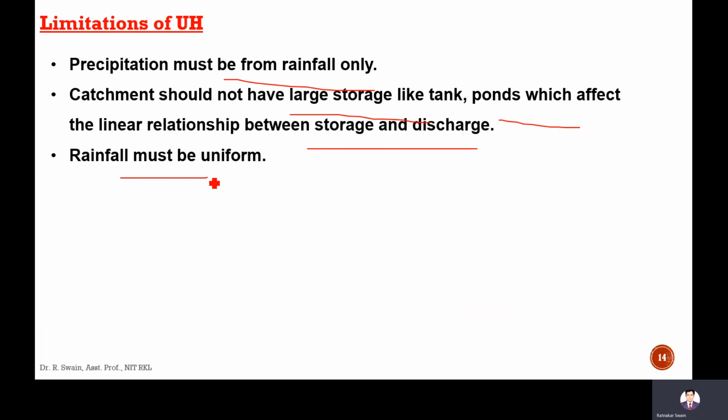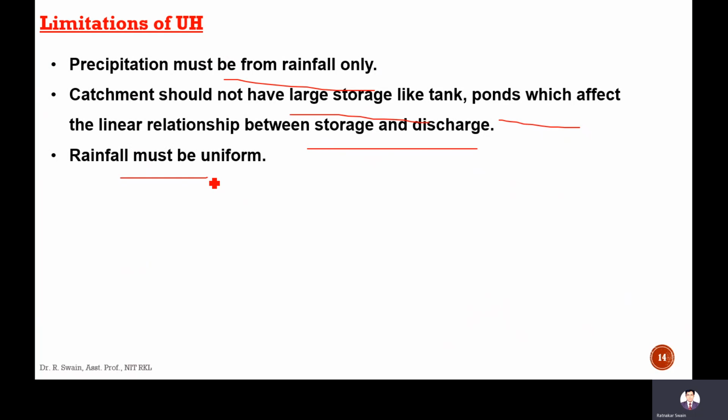The rainfall must be uniform. The rainfall should be uniform throughout the basin, because we are considering the whole basin up to this gauging station. So if rainfall is not uniform, then the unit hydrograph cannot be used.